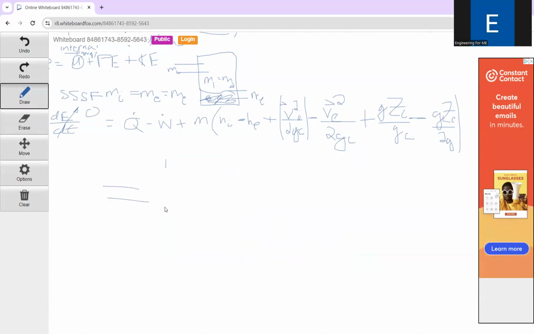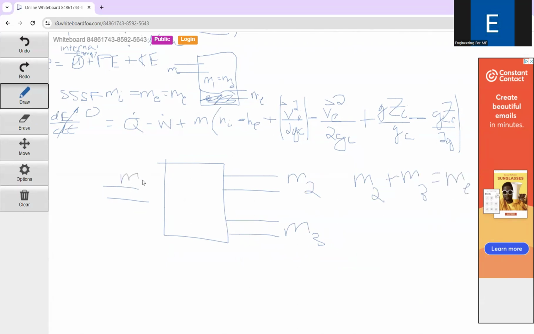Say you only have one thing going out, but now you have two things. At M2 and M3, you could consider this M2 plus M3 would equal M exit.